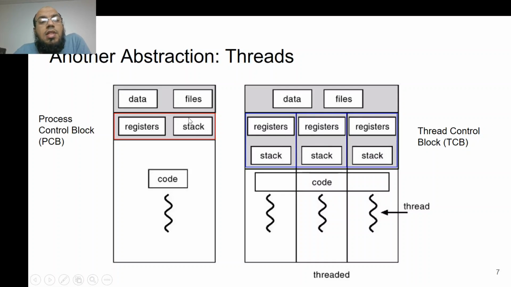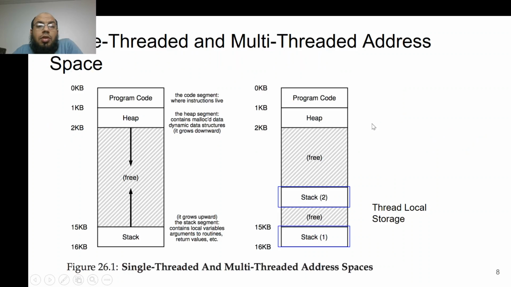For each process, you'll have a pointer from the red to the blue that tells the operating system that this is a multi-threaded process that has these different threads.